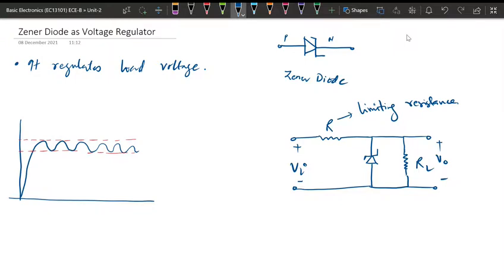So this is the Zener diode as a voltage regulator.